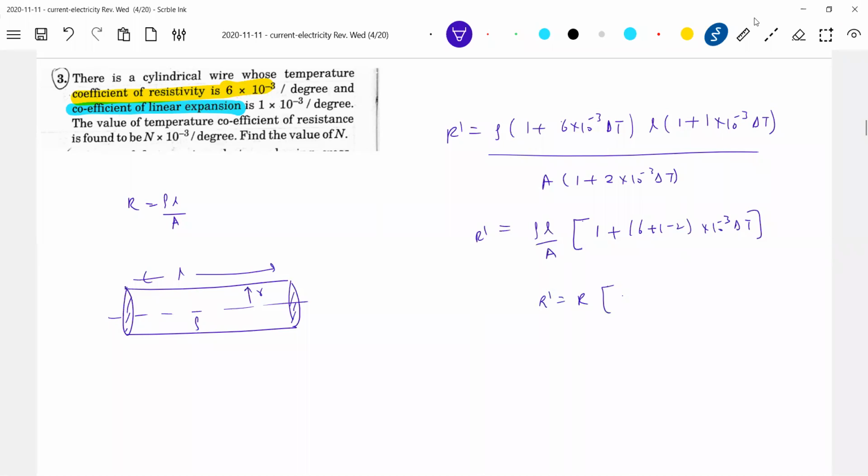R into the value of the temperature coefficient of resistance. So this is what I think we brought in. I don't know what symbol we have used, alpha R. Can you remember?